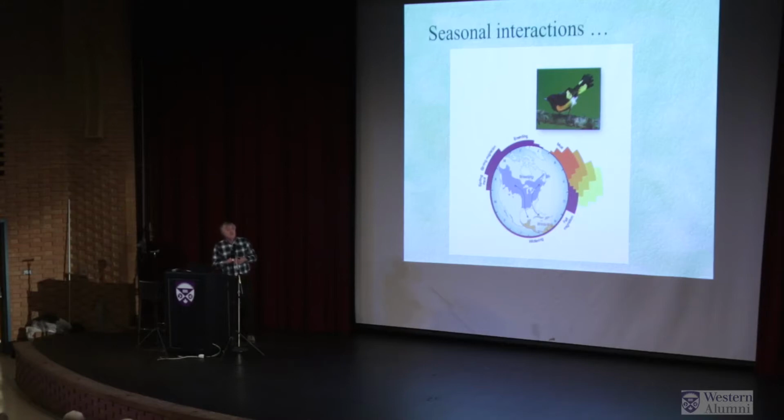We have to know what all these connections are that link these different life stages. It turns out that events that can occur here can have profound carryover effects or ripple effects on different life stages. That goes for monarch butterflies, it goes for just about anything that migrates.